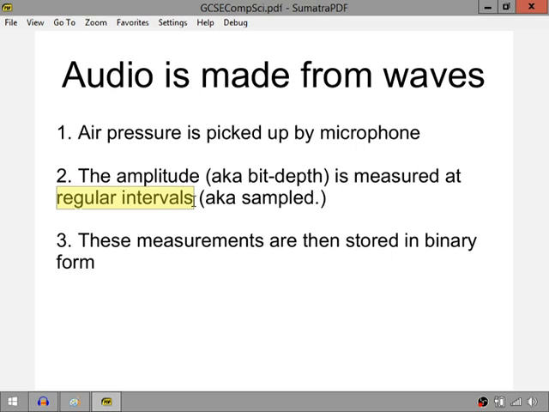So we take a regular reading of the height of those waves. And just for context, a low quality audio recording is sampled at 8,000 times per second. And 8,000 is a big number, so it gives you an idea of how much information goes into an audio file. And finally, these measurements are then stored in binary form.